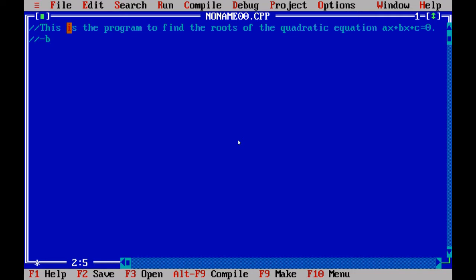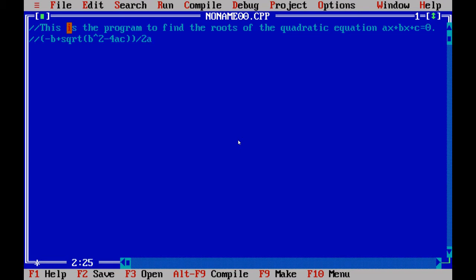So we can write the formula like minus b plus square root of b squared minus 4ac, and then the whole divided by 2a.